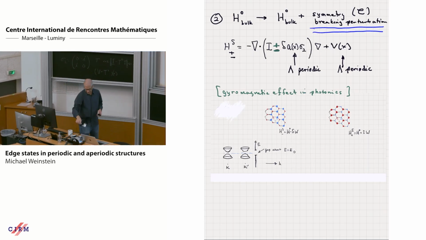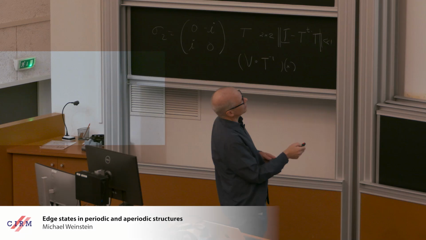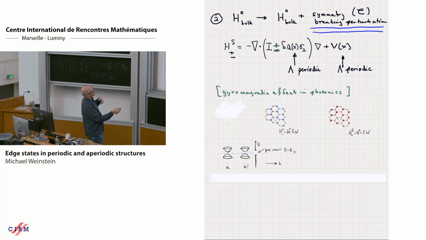So I'm breaking complex conjugate invariance, and I take plus and minus on opposite sides, and I want A of x to have the same symmetries as V. It'll be even, and also lambda periodic.